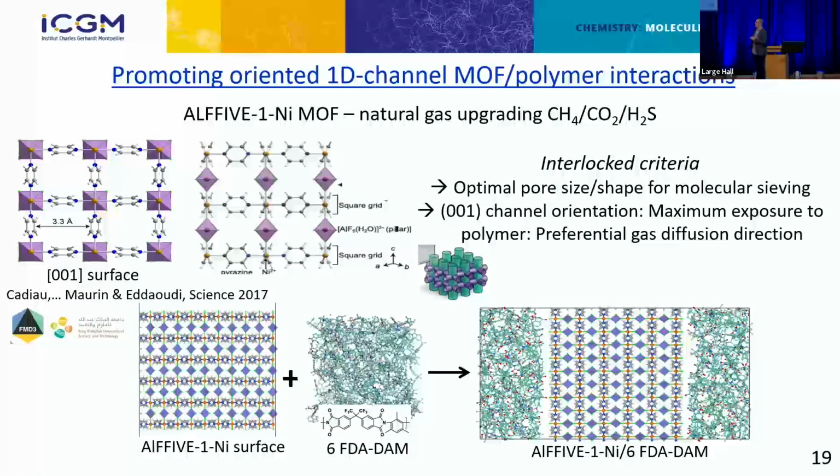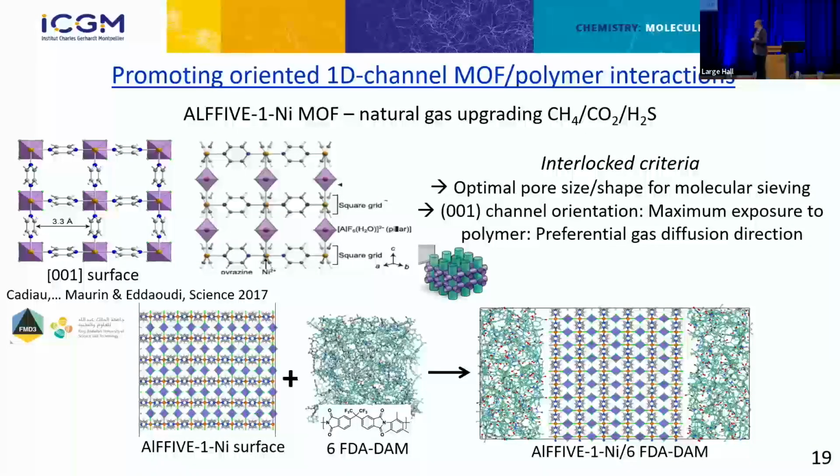The interest of this material is to have a kind of molecular sieving effect of CO2 over CH4. We use this platform because in that case we can orient the surface along the channel direction. It means that we can expect a very nice coverage of the surface by the polymer, and in the meantime we wanted to have some preferential pathway for the gas towards the full MMM.